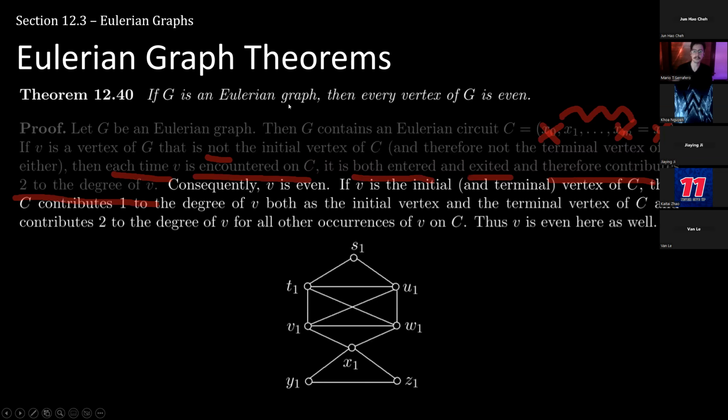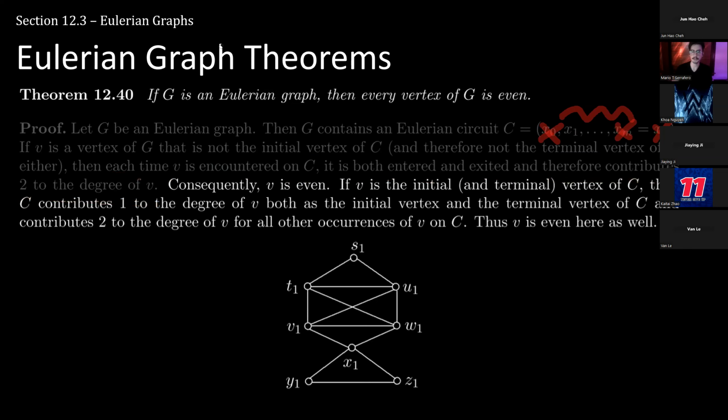Consequently, V has an even degree. And if V is the initial and terminal vertex of C, then C contributes 1 to the degree of V as the initial vertex and 1 as the terminal vertex.